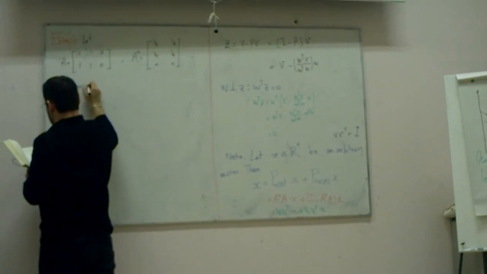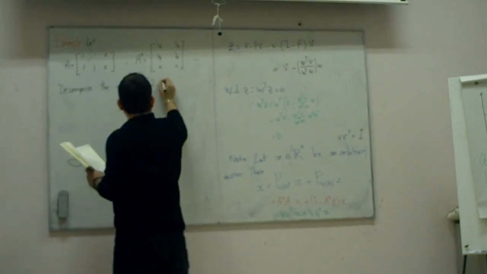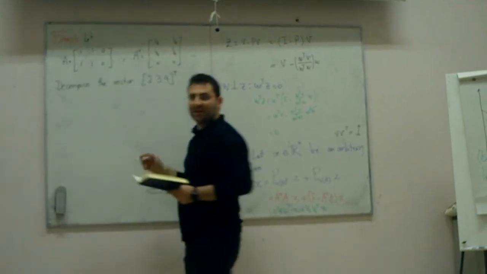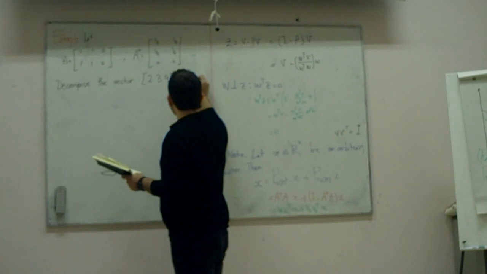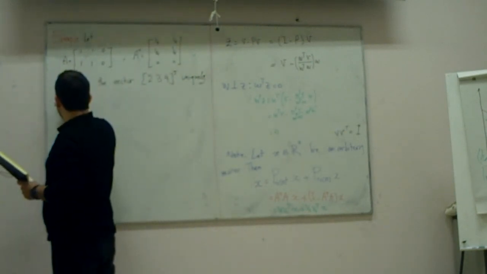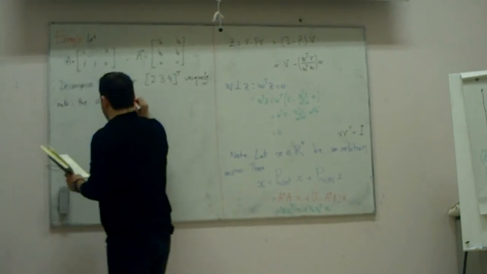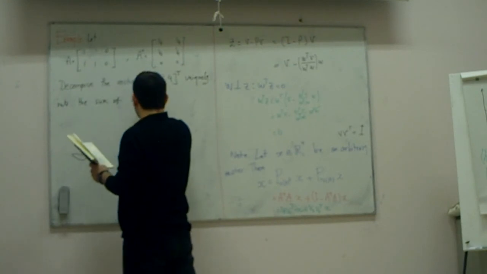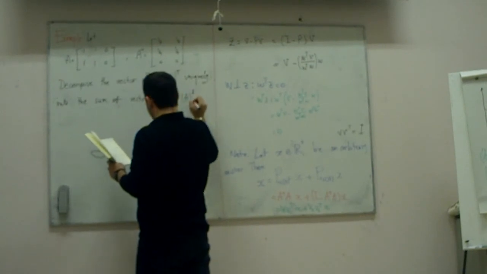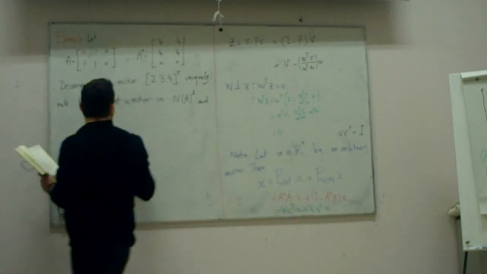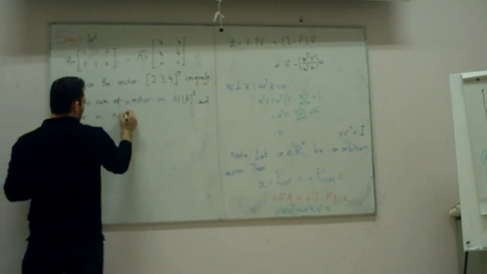Decompose the vector [2, 3, 4] transpose, so it means that it's a column vector, uniquely into the sum of a vector in NA orthogonal and a vector in NA.